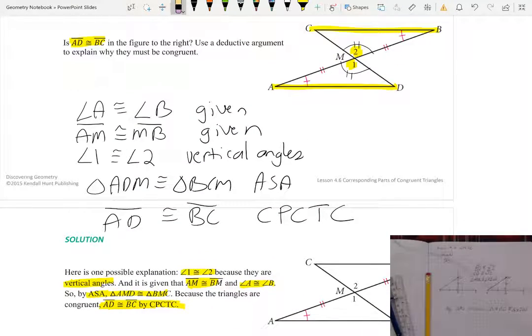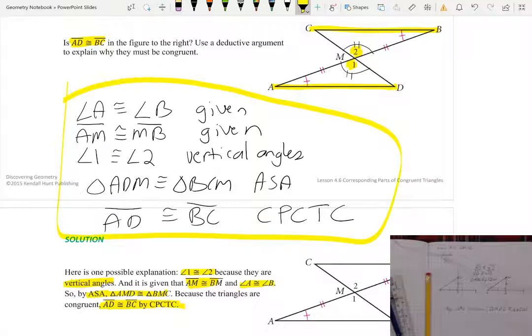This obviously isn't part of the proof, but what you see here is called a two-column proof, where you have your statement, and then over here you have the reason. So angle A is congruent to angle B because it's given.